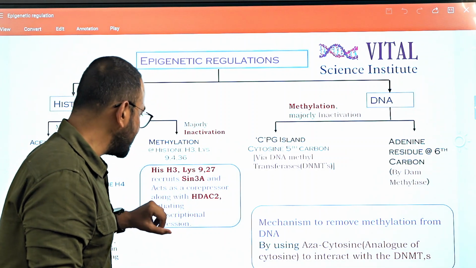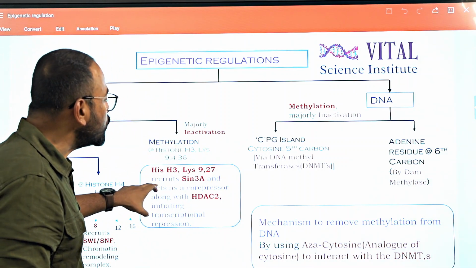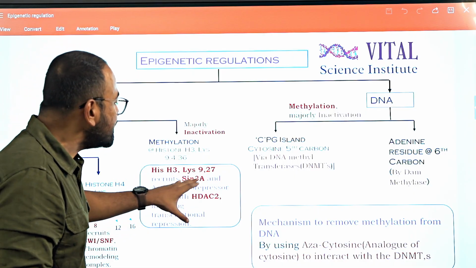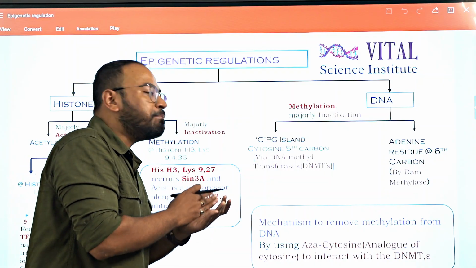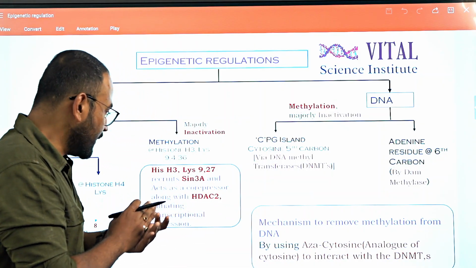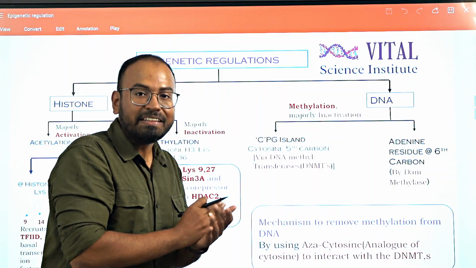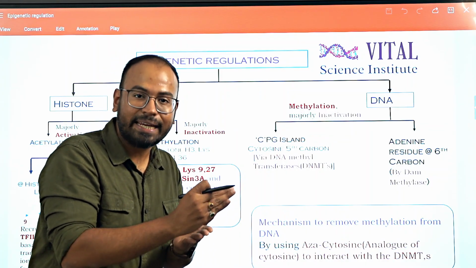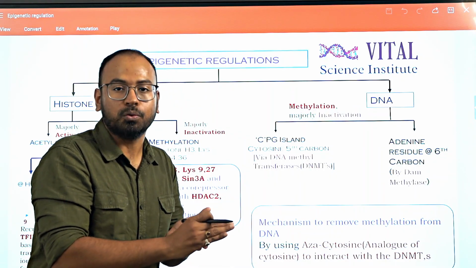Repression takes place by means of recruitment of SIN3A protein. Now what does this SIN3A protein do? It acts as a co-repressor with HDAC. HDAC, what is it? Histone deacetylase that removes the acetyl group from the histones.